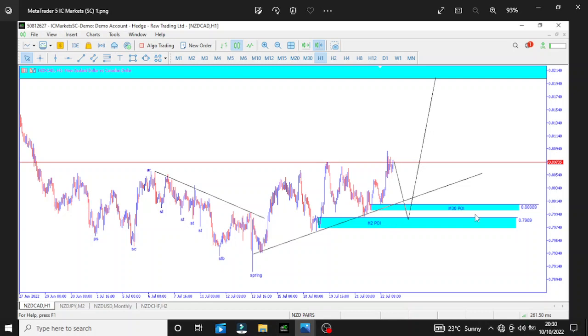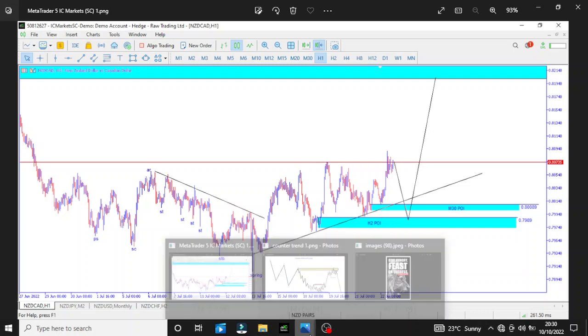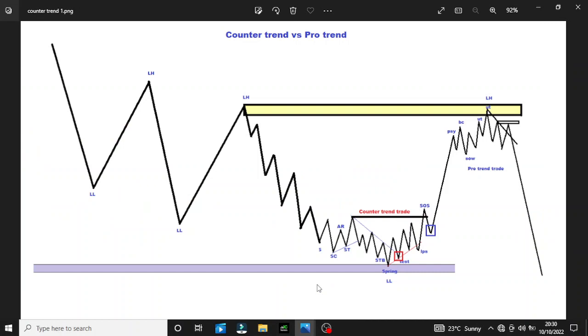And this trade is based on this diagram I drew a while back. You see, this is a counter trend trade.